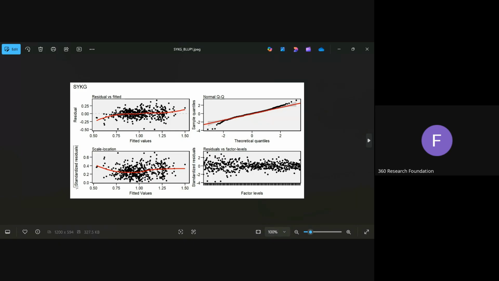First one is residual versus fitted value. Second is normal QQ. Third is scale location. And last is residual versus factor level. So this is the first set of graphs we will get after BLUP analysis.